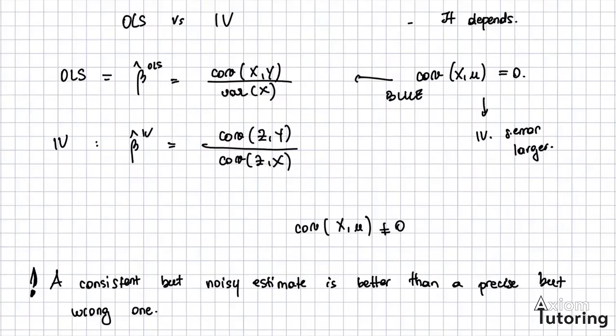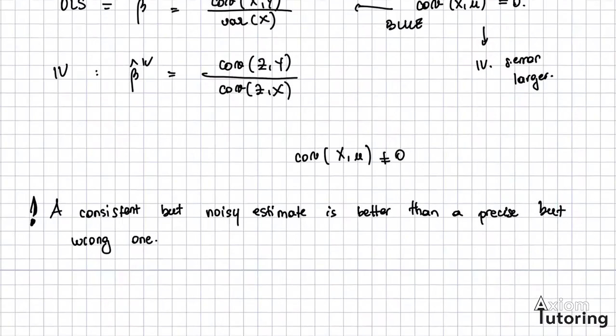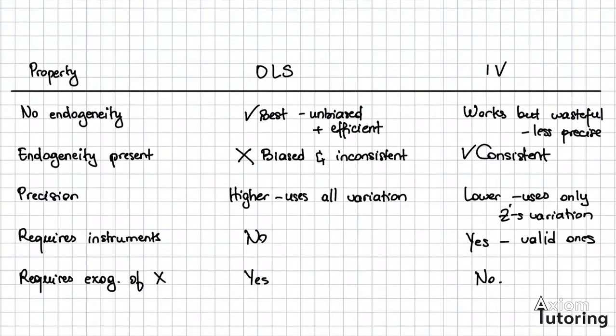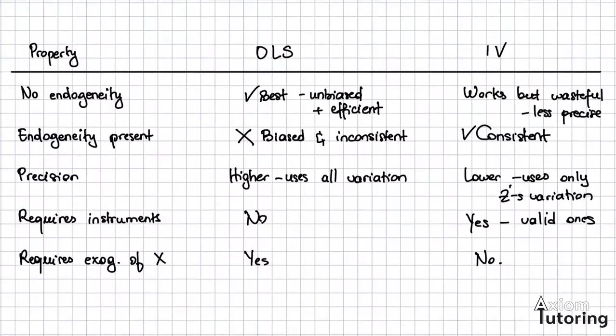So if we were to summarize all of these trade-offs for when we should use IV and when we should use OLS, the table would look something like this. When we've got no endogeneity, OLS is the best. It is unbiased and efficient. IV works, but why would you want something less precise?